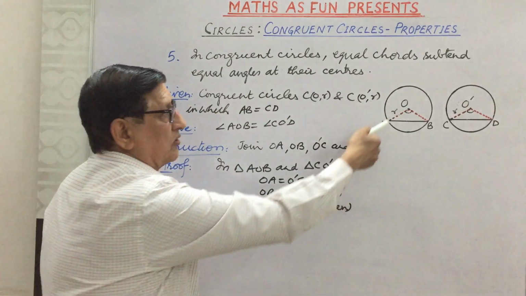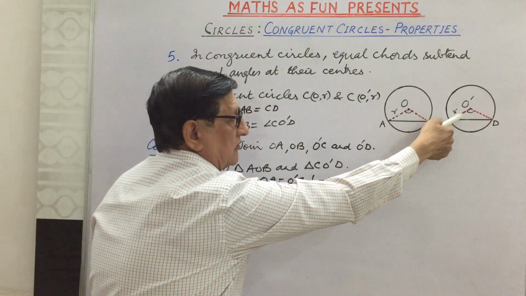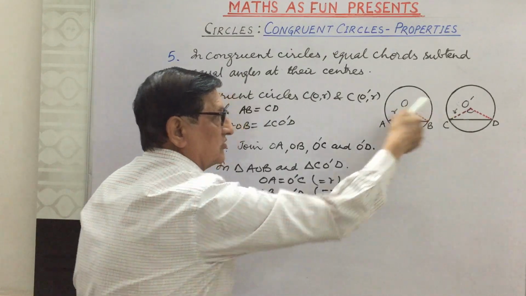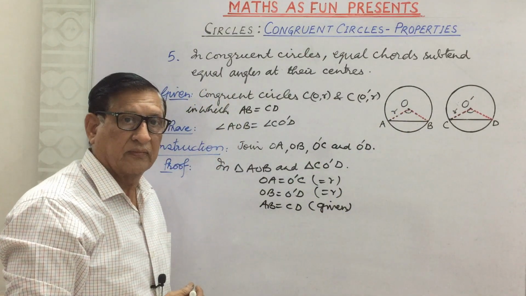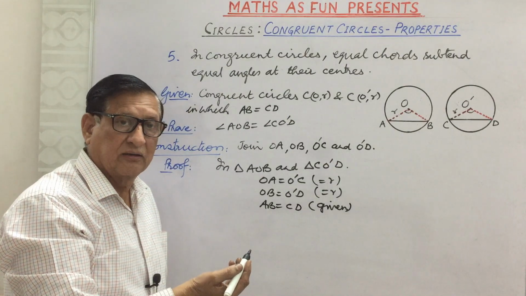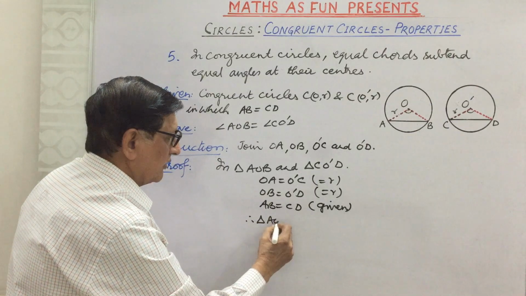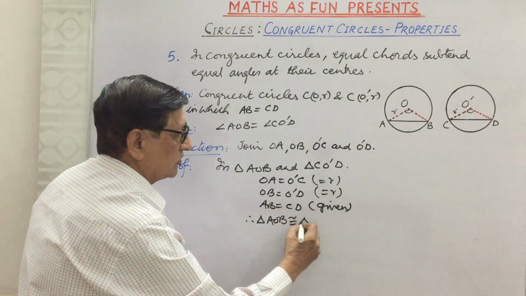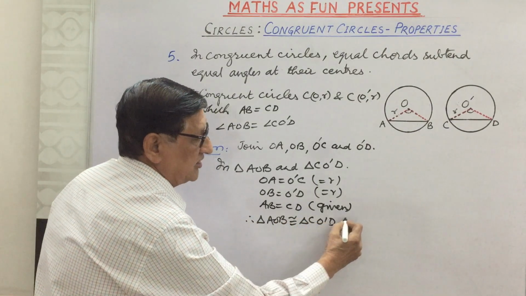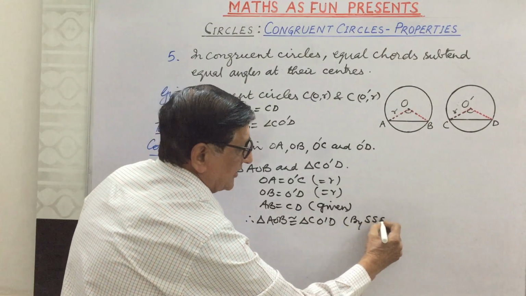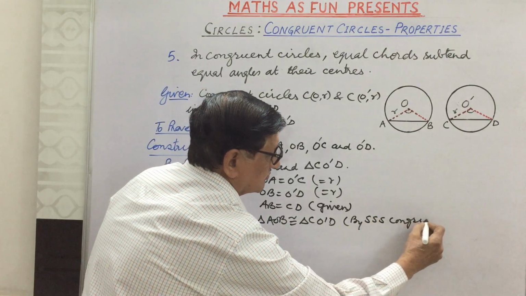It means we find that all three sides of this triangle are equal to the three sides of this triangle, and hence by SSS congruence they are congruent. So we can write, therefore, triangle AOB is congruent to triangle CO dash D by SSS congruence.